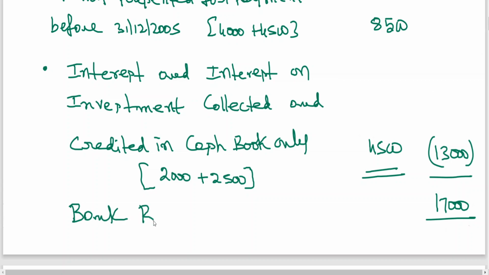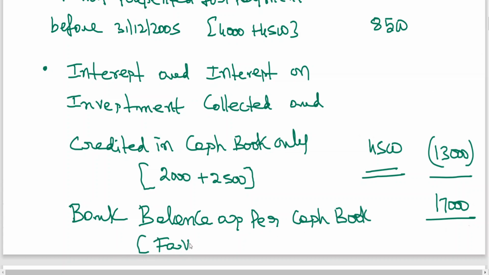This balance is called bank balance as per cash book, since you have started with passbook. Nothing is mentioned, so this is favorable. Reason is I told you in yesterday's class that if amount is positive, it is favorable. If amount is negative, it is unfavorable.